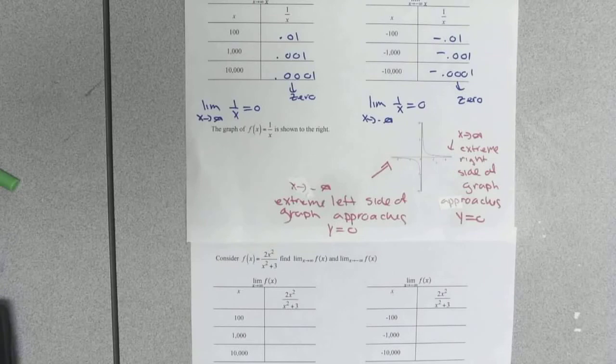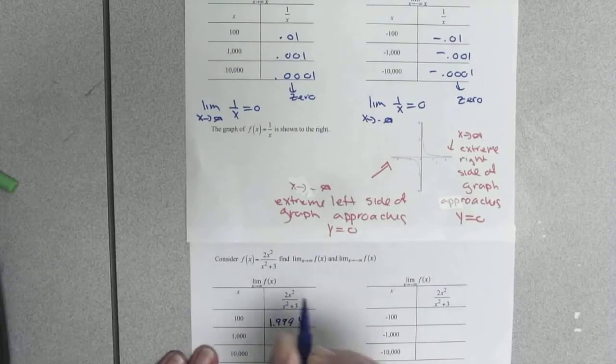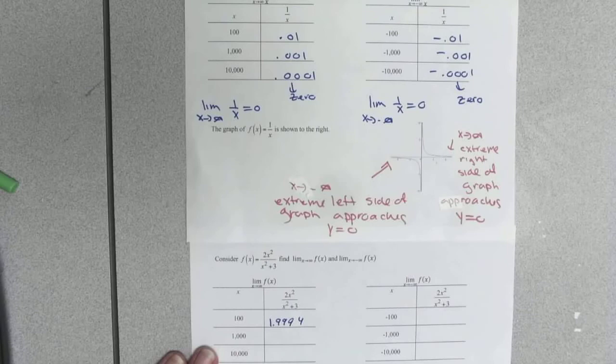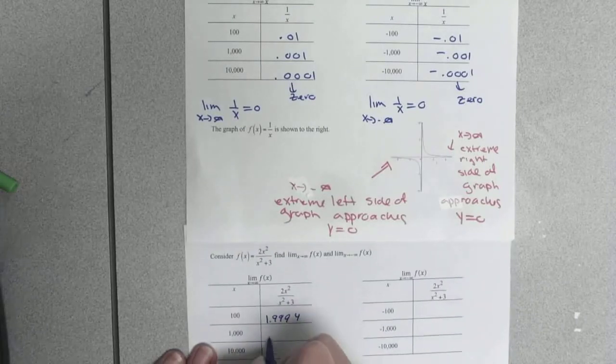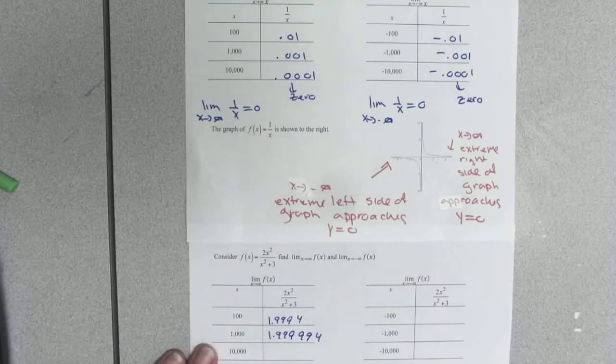So if I plug in 100 into my function there, I'm going to get 1.9994. And if I plug in 1,000, I'm going to get 1.999994.